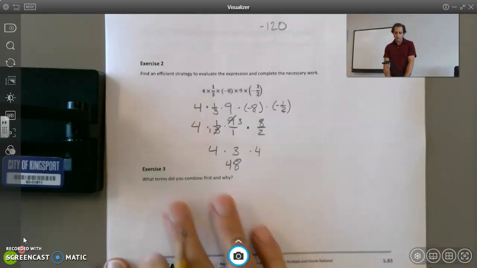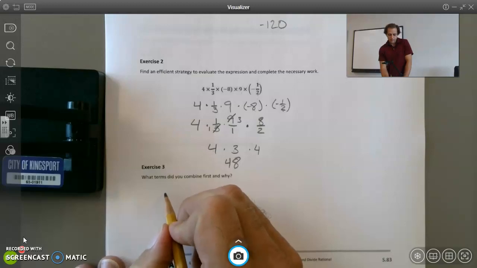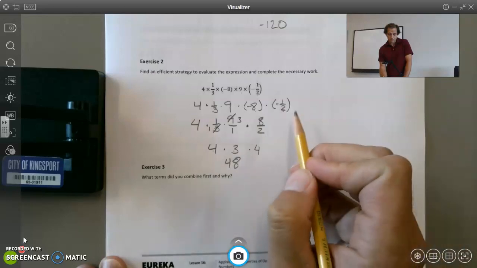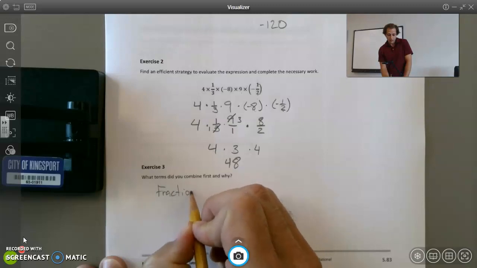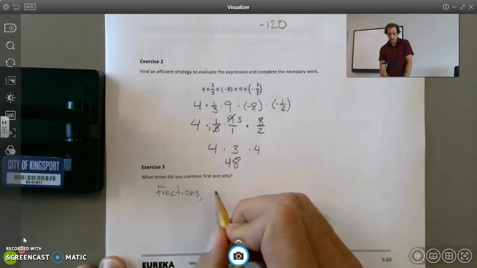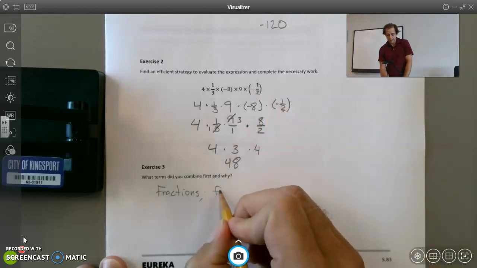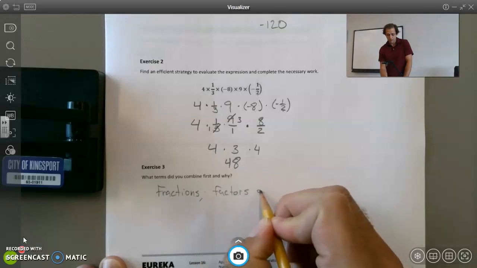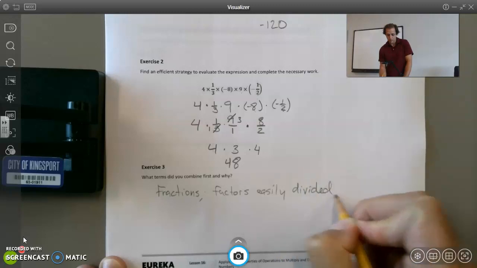All right, what terms did you combine first and why? The first terms that I used were the fractions, and I wanted to find factors that could easily be divided by the denominator.